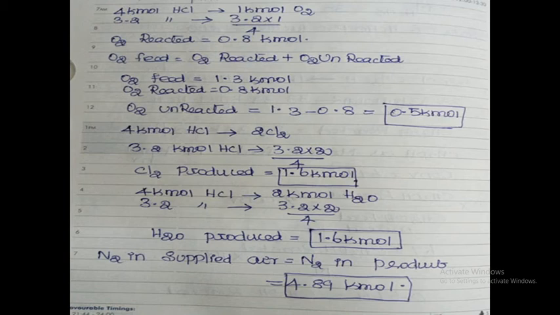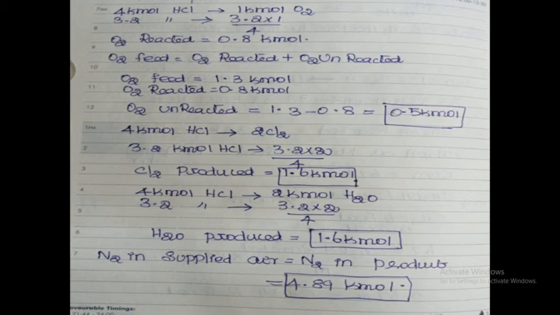Already I said we don't want the reacted value, we want only the unreacted value. Why? Because unreacted components are present in the product side. So here you should write the material balance of oxygen. Oxygen feed is equal to oxygen reacted plus oxygen unreacted. Oxygen in the supplied air is 1.3 kilomole, that is the oxygen feed.